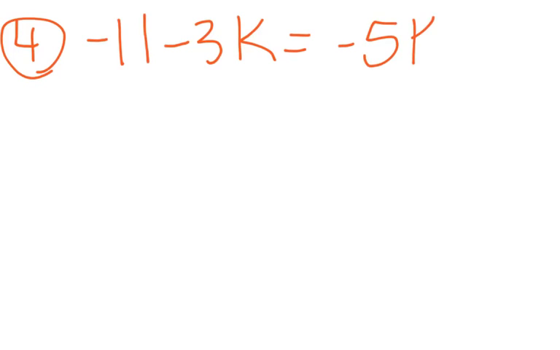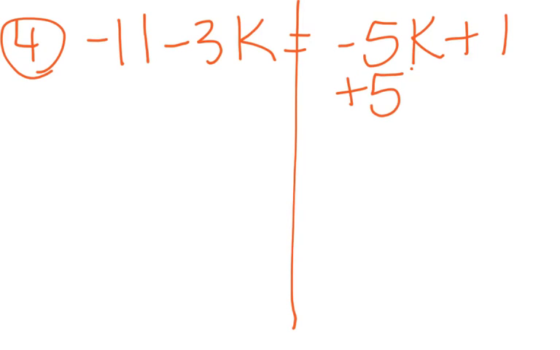Number 4, negative 11 minus 3k equals negative 5k plus 1. Again, I'm going to kind of keep the same pattern. I'm going to take the k on the right-hand side and eliminate it. So the opposite of negative 5k is positive 5k.